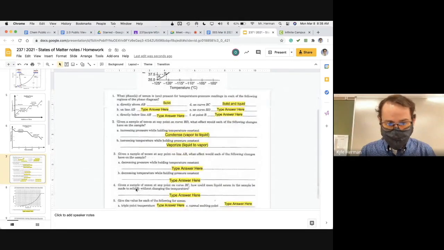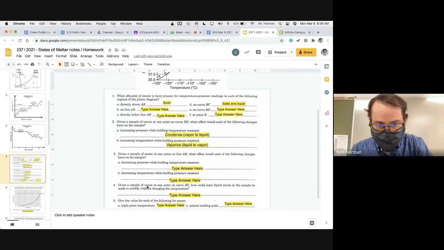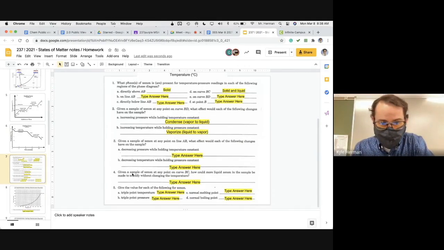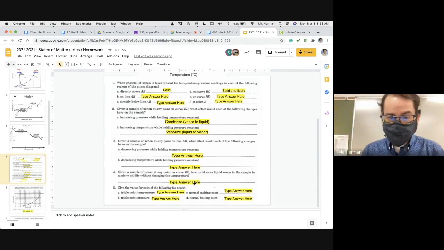And then it says number 4, given a sample of xenon at any point on curve BC, how could more liquid xenon in the sample be made to solidify without changing the temperature? Okay, so if you can't change the temperature, you're going to change the pressure, right? But it's asking you to make more solidify. So is it going to increase or decrease the pressure?